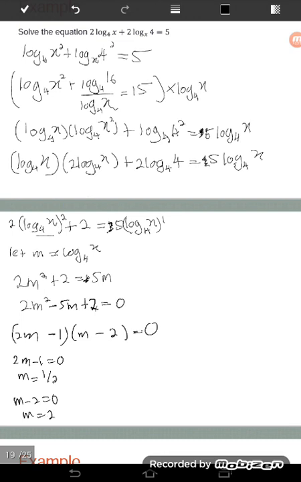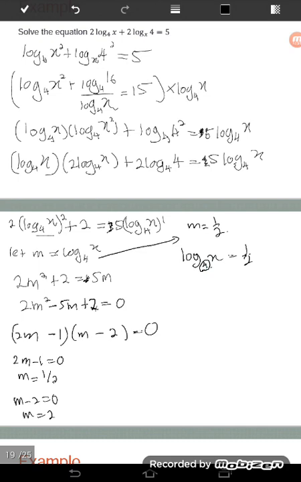Okay, so after that we use this m to solve for x. For m equal to 1 over 2, we have log x base 4 equal to 1 over 2. Here we have log on the left side and a number on the right side. If you see this form, you transform this log into index.